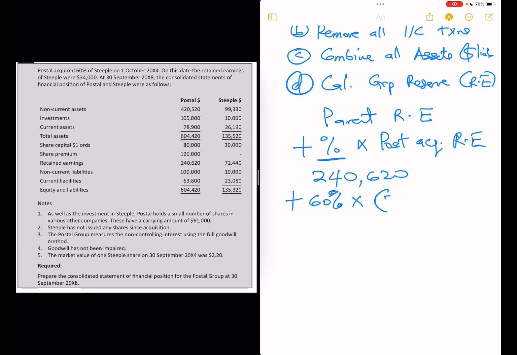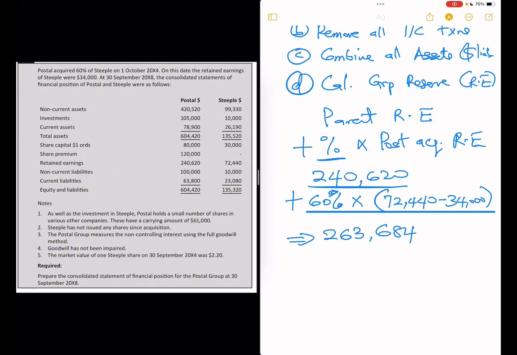So post acquisition retained earnings will be 72,440, which is what it is now, minus what it was on the date we did the acquisition. So that will give us a total retained earnings of the group to be 263,684. That is adding this plus this, right?